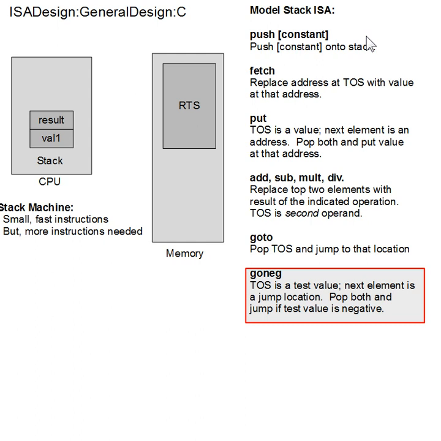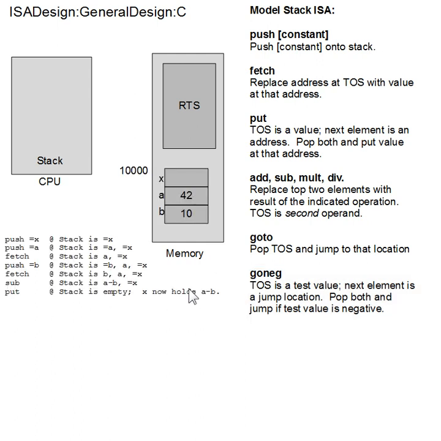So how does such a tiny machine language implement, say, the expression x equals a minus b? Well, here's a listing. In this listing, we have a small data segment over here holding x, a, and b, which we'll assume starts at memory address 10,000. In the code, equal x represents the memory address of x as a constant, as it does in ARM assembly.